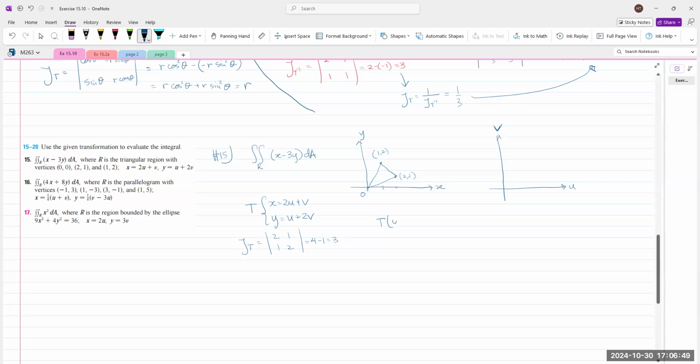Now we need to find what u phi gives us (0, 0), right? Oh, you know what? Let's do it this way. Let's find the T inverse instead.